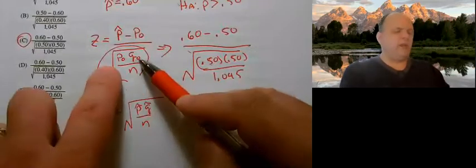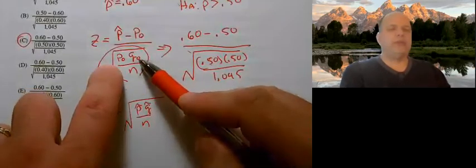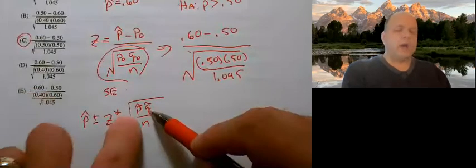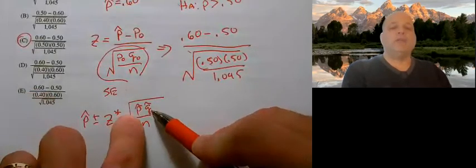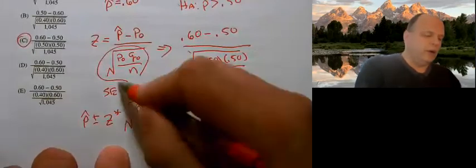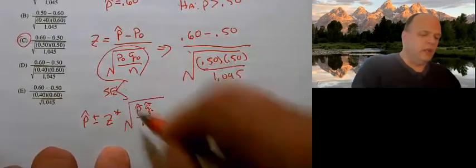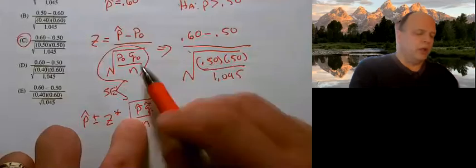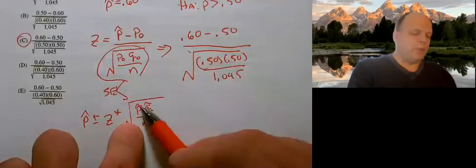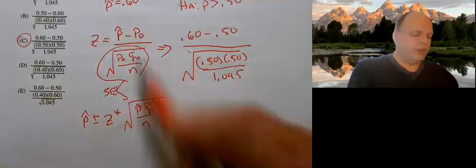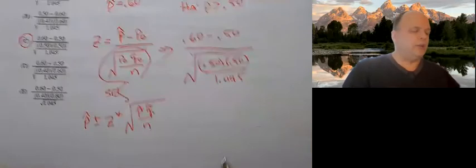So this one is based on the claim. So hypothesis tests are based on the claim, whereas for a confidence interval, the standard error is based on the sample proportion. Population proportion, sample proportion. Hypothesis test, confidence interval. Please do not get those confused.